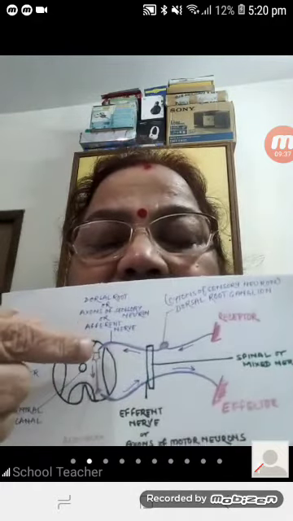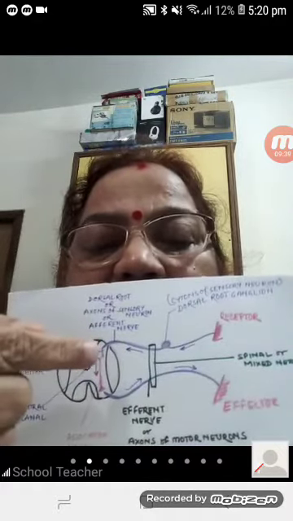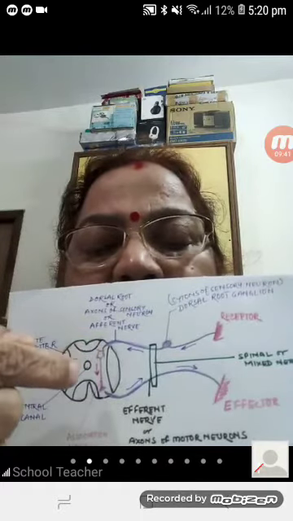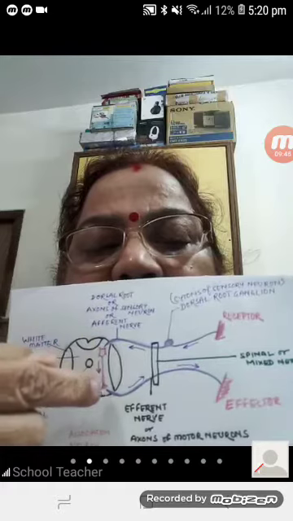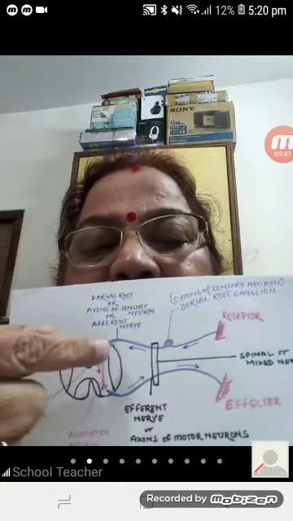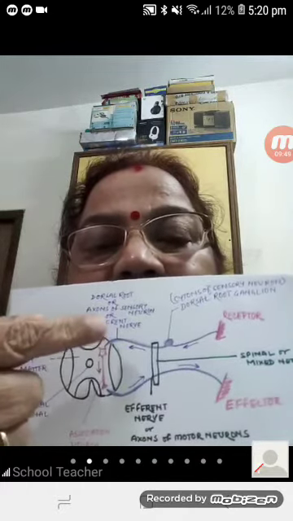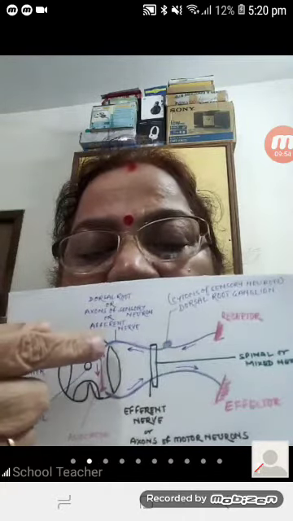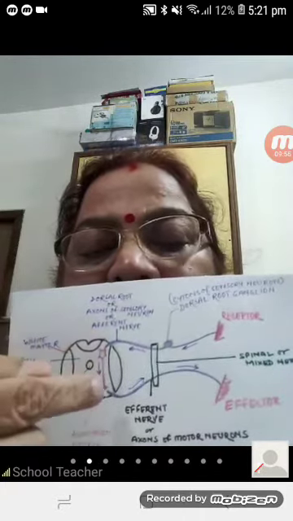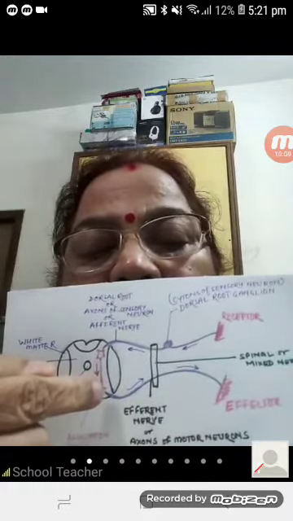In the gray matter, you can see association neuron. This association neuron connects axon ending of the sensory neuron with the cytons of the motor neuron.